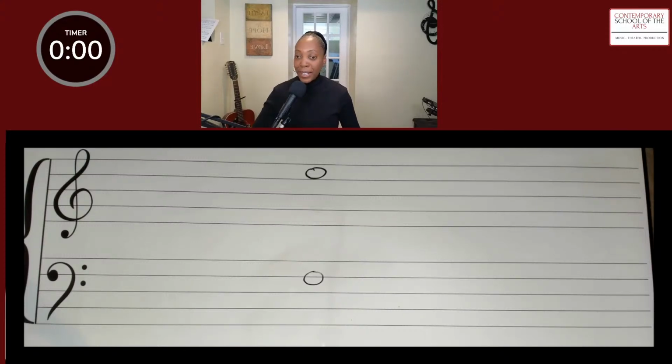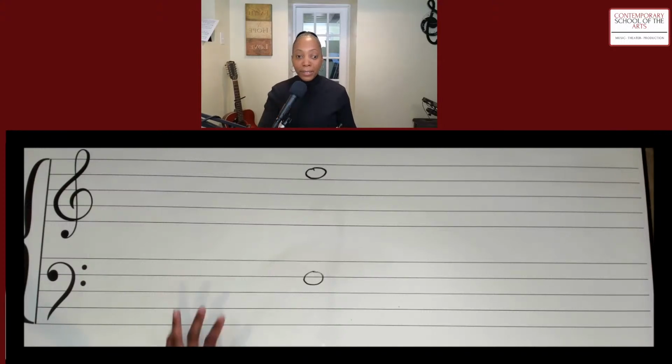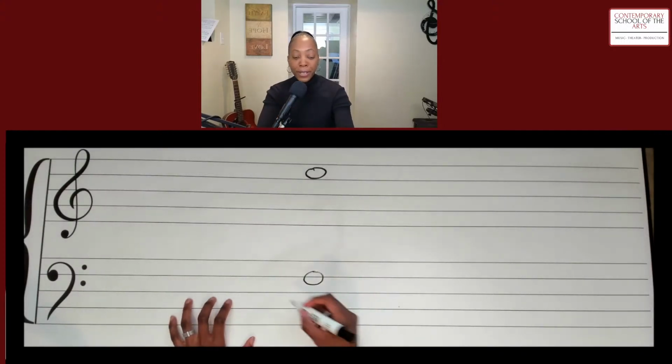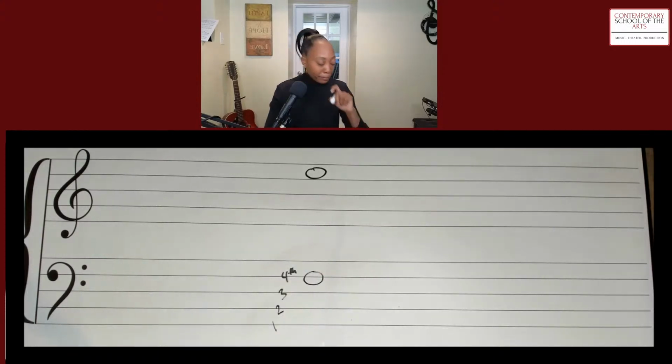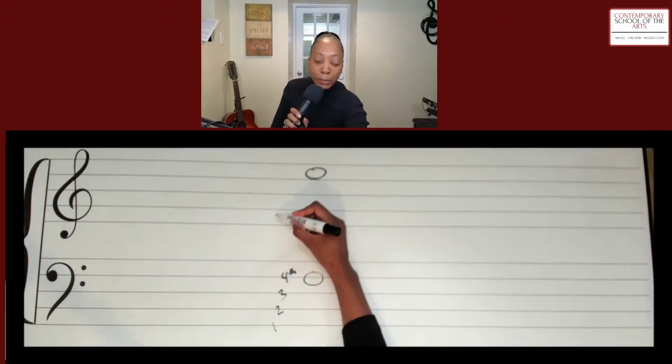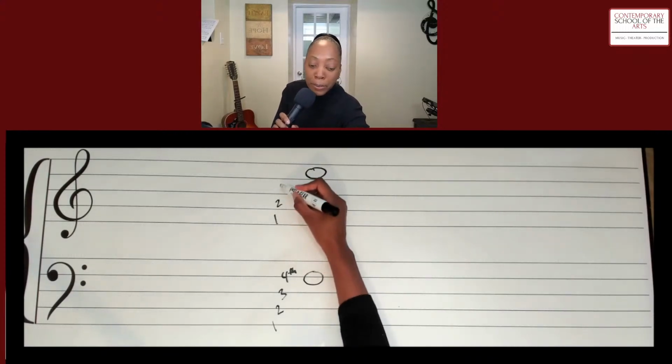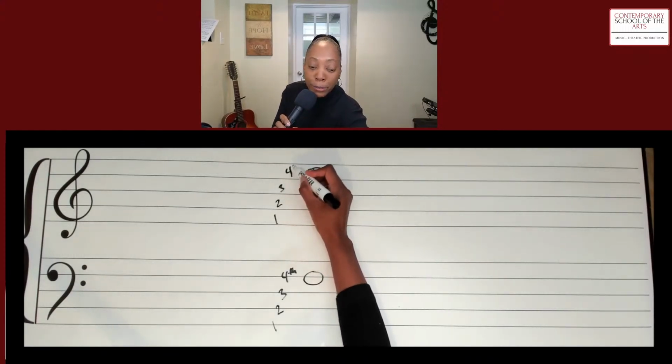Okay, all right. So let's see. I see the bass clef is line 4. That is correct. This is line 1, line 2, line 3, and this is our 4th line. Treble clef. This is space 1, space 2, space 3, and space 4.